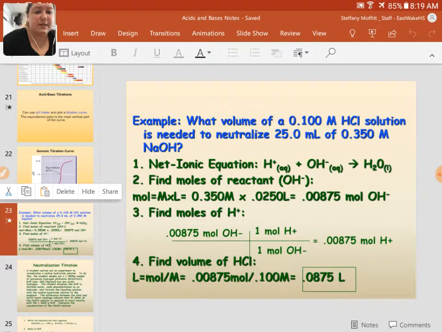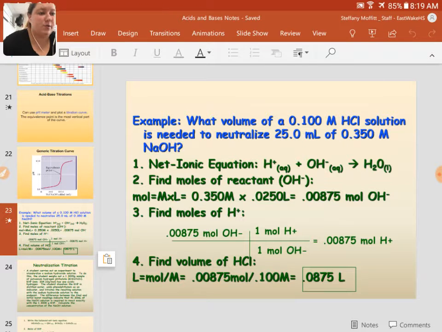So here's an example. What volume of 0.1 molar HCl solution is needed to neutralize 25 milliliters of 0.35 molar NaOH? The net ionic equation is a strong acid and a strong base, so our net ionic equation is just our ions to yield water. We need to find the moles of the reactant, OH minus. So moles equals molar times the liters: 0.35 molar times 0.25 liters equals 0.00875 moles of OH minus.